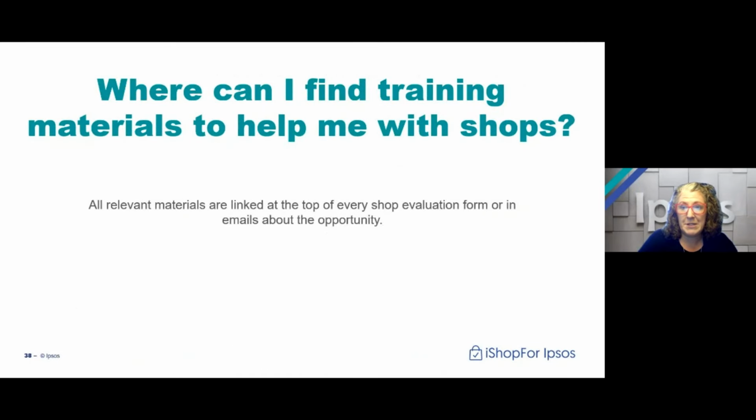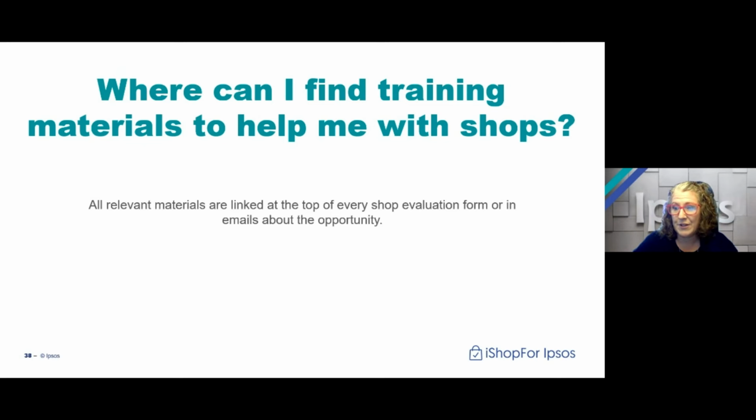Where can I find training materials to help me with shops? So all of our shopper guidelines are linked at the top of every shop evaluation form. We walked through that here so that you know where to see them. It's very similar in all of our platforms, but for the most part, you won't be able to see it until you've either applied and been granted that shop or you've self-assigned and have that shop assigned to you.